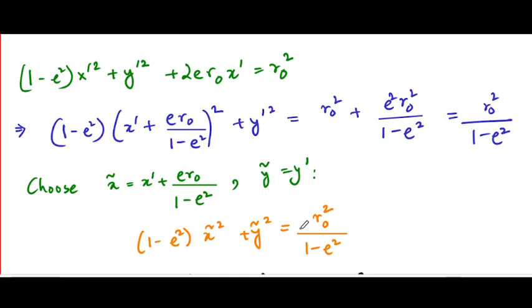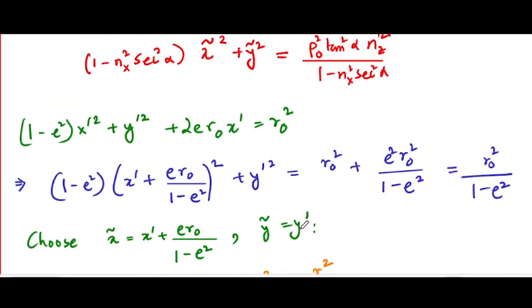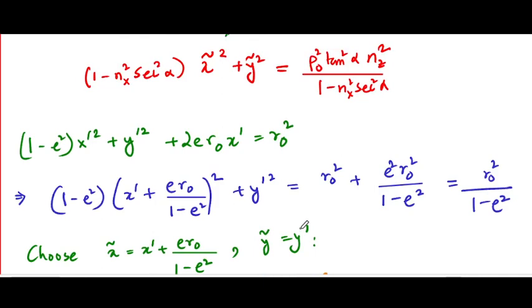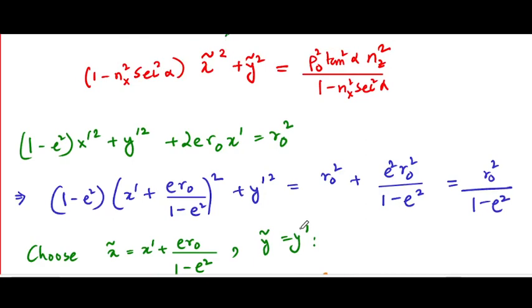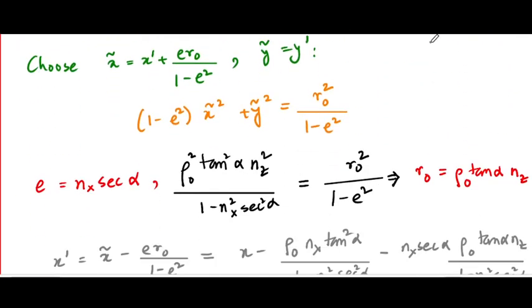They are identical equations, provided you identify e with nx sec alpha. That's something we have already done before. And r0 square by 1 minus e square with this expression. And of course, this 1 minus nx square sec square alpha here in the denominator is exactly the same as 1 minus e square. So this gives you a very simple final result that r0 is rho 0 tan alpha nz.